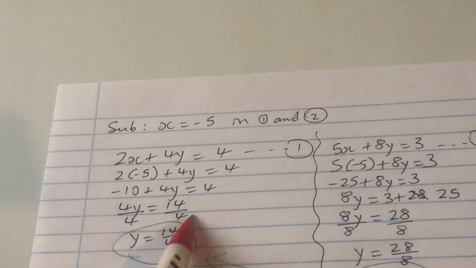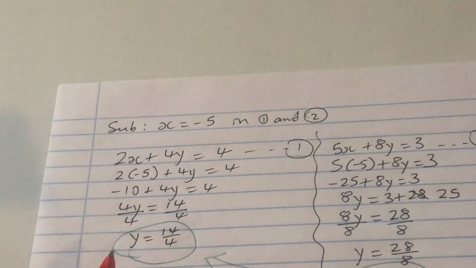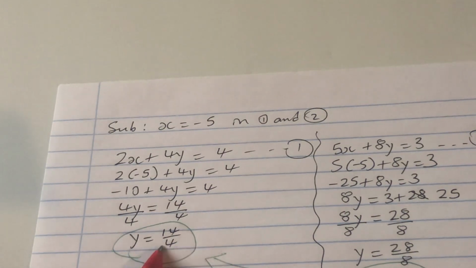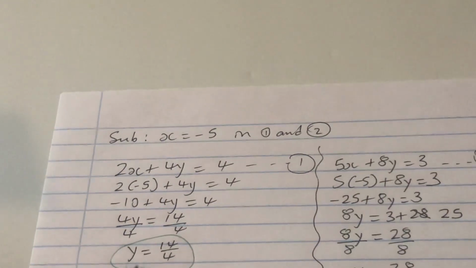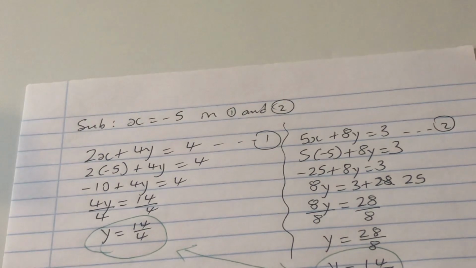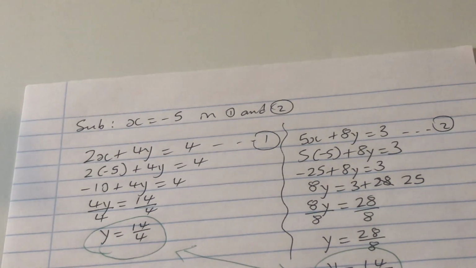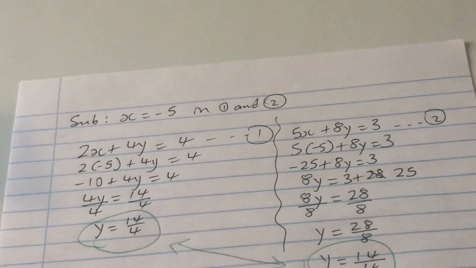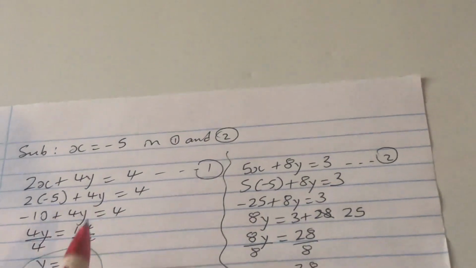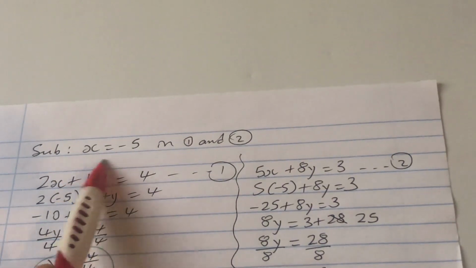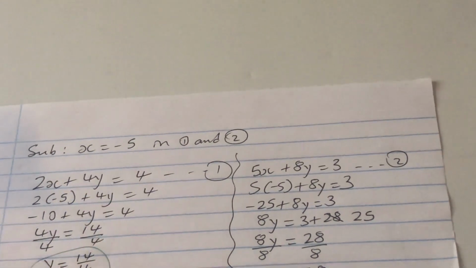You divide by 4 both sides, so that you get your y. At the end, you have y equals 14 over 4. You won't be asked to do this. I'm just doing this to prove that the answers that I got are correct. Here I've used x equals minus 5 in equation 1.